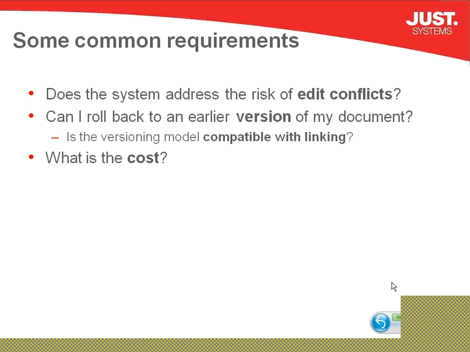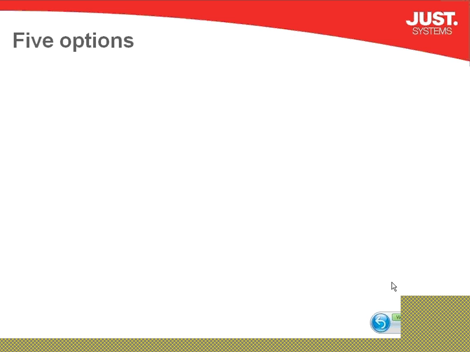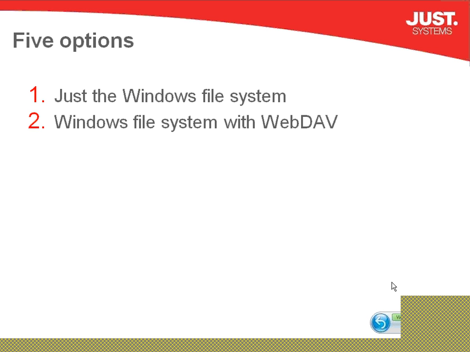And finally, the third thing that we'll be looking at is the cost of these systems. So it's a very high-level overview, just looking at the basics. We'll be looking at 5 different options comparatively today. The first one is the status quo if you don't do anything, which is just saving files to a local machine or to a shared drive. Then we'll look at a protocol called WebDAV and see what that can do for you.